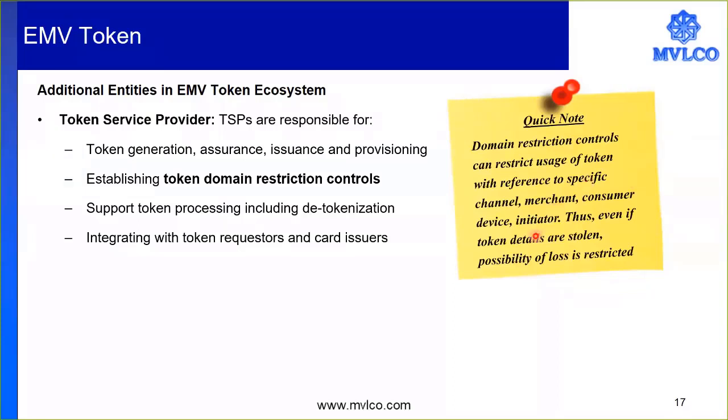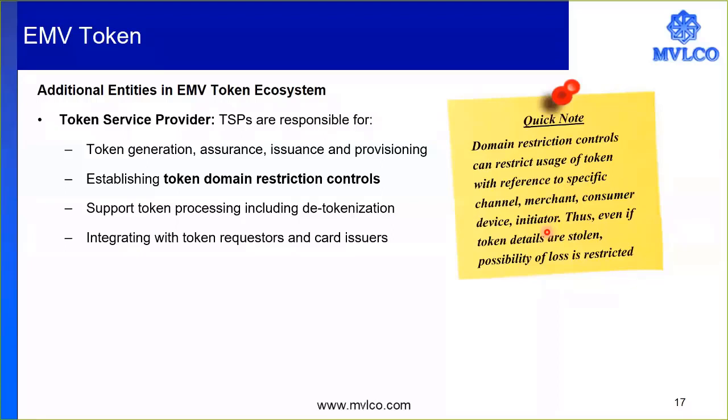Or I can also restrict the usage based on the initiator of the transaction. Now, you might feel that all the time it is the card holder who is initiating the transaction. But let's take case of EMI, or on the last page we discussed the case of Idea, wherein your first transaction was initiated by the card holder. But subsequently, say in case of EMI or Idea mobile bill, it was the merchant or Idea who were initiating transaction on a monthly basis with reference to your initial transaction.